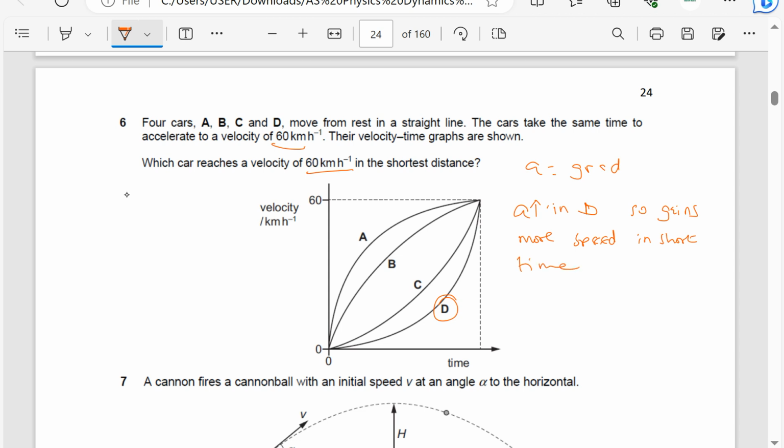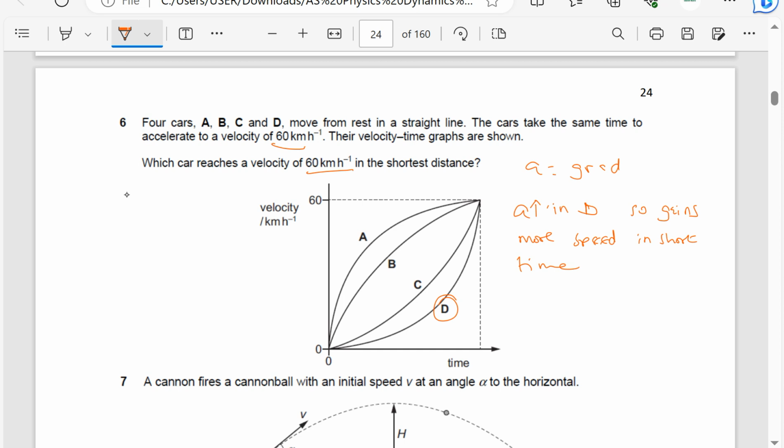So the question is, which car reaches a velocity of 60 kilometers per hour in the shortest time? So the answer is going to be D, because for A, the gradient is decreasing, so it means the acceleration decreases. For B, the same thing, the acceleration decreases.